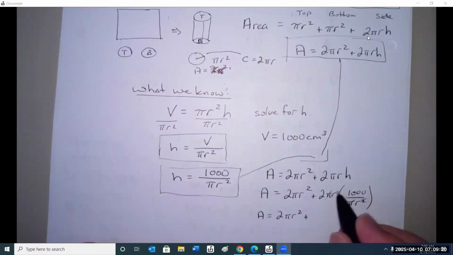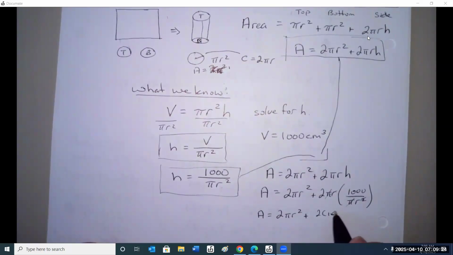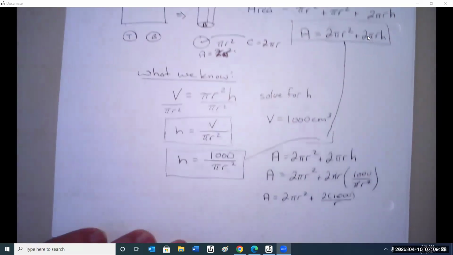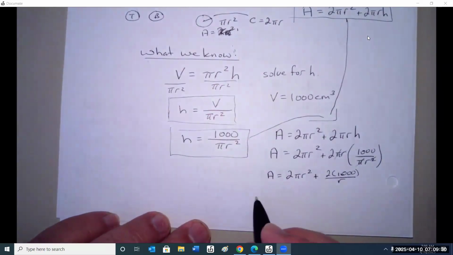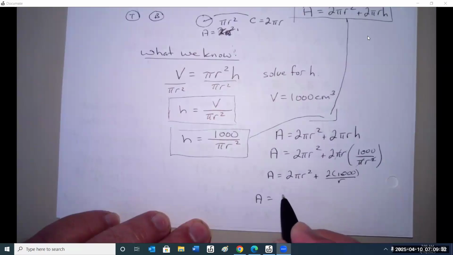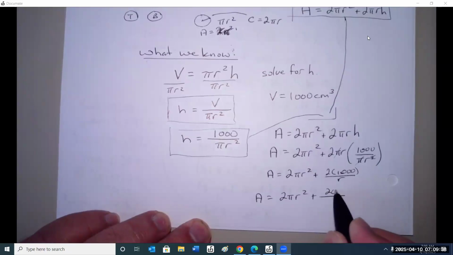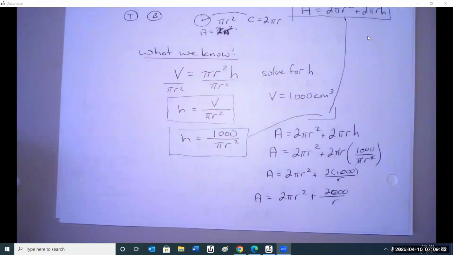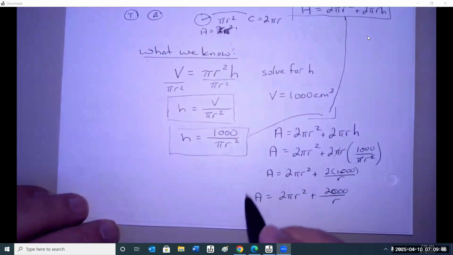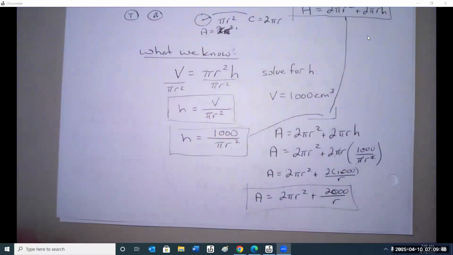One r cancels here, so we have 2 times 1,000 over r, which makes our formula 2 pi r squared plus 2,000 over r. That's the formula we'll be using.